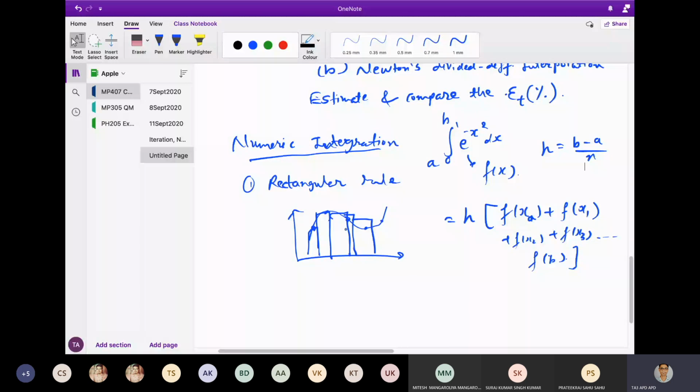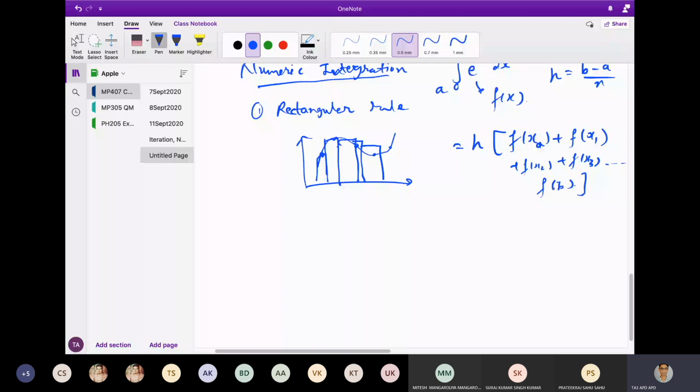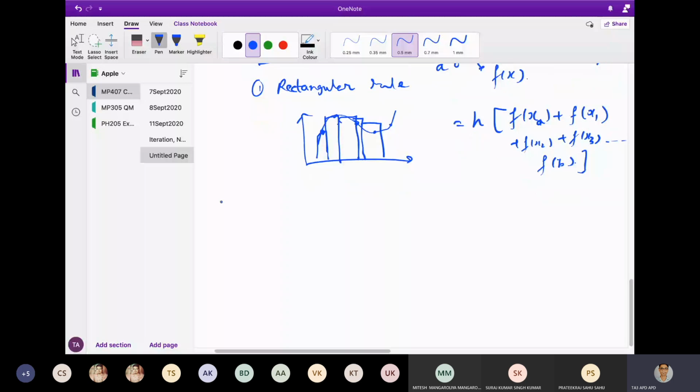I guess you have gone through all this in your mathematics course, so I'm not going into too much on this. But we'll do one example for the trapezoidal rule. Generally this is a very simple one, but the trapezoidal rule is more accurate.